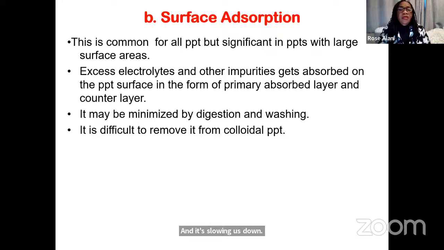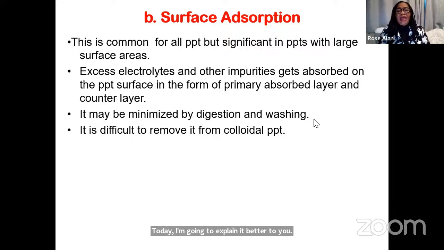Okay. So excess electrolytes and other impurities get adsorbed on the precipitate surface. They are adsorbed in the form of a primary adsorbed layer and a counter layer. I talked about the primary adsorbed layer and counter layers in the previous lecture, but I'm going to explain it better in this lecture.